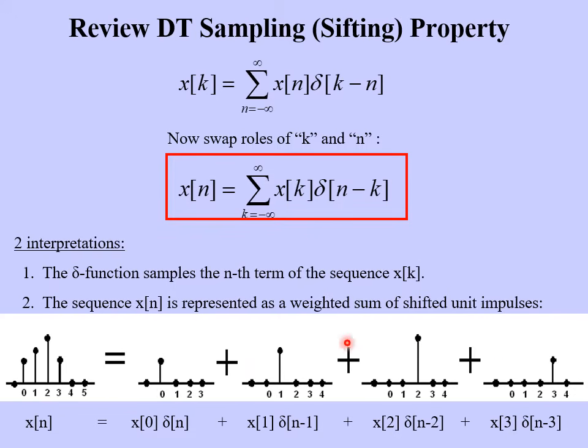Now, each of these individual terms that are added together can be represented by x of 0 times a delta function, x of 1 times a delta function shifted over by 1, x of 2 multiplied by a delta function shifted over by 2, and so forth. So when we add all these terms together, we get exactly this summation shown here on the right side of this equation.